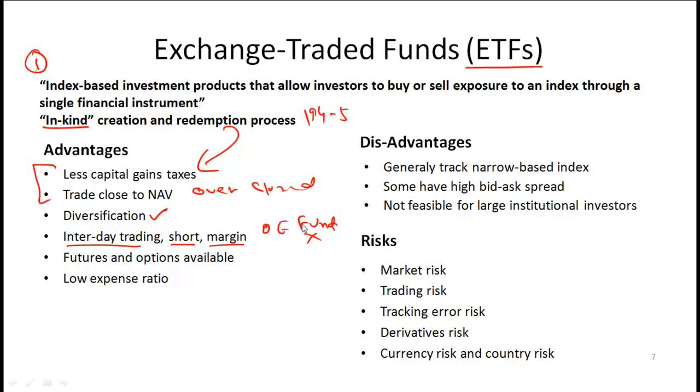So in that sense, exchange traded funds are better than open-ended funds, but closed-end funds you are allowed to do intraday trading. So as you notice, exchange traded funds have some of the benefits of both open-end funds and closed-end funds.